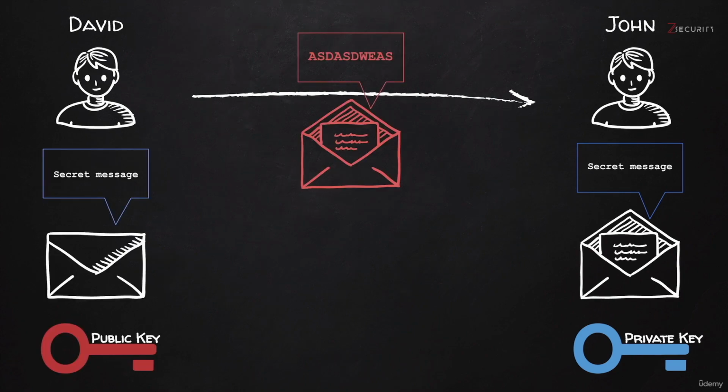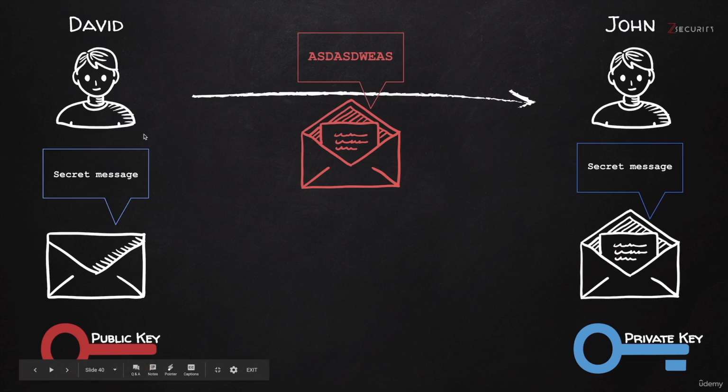So far, we learned how to use PGP to encrypt messages so that only the receiver can read the content of the message. To do that, the sender, David in our example, uses the public key of the receiver. So the receiver makes their public key public, as the name suggests. That's fine because the public key cannot be used to decrypt messages. It can only be used to encrypt messages.